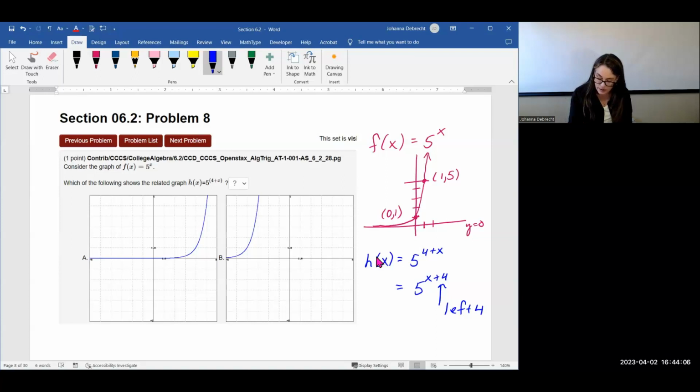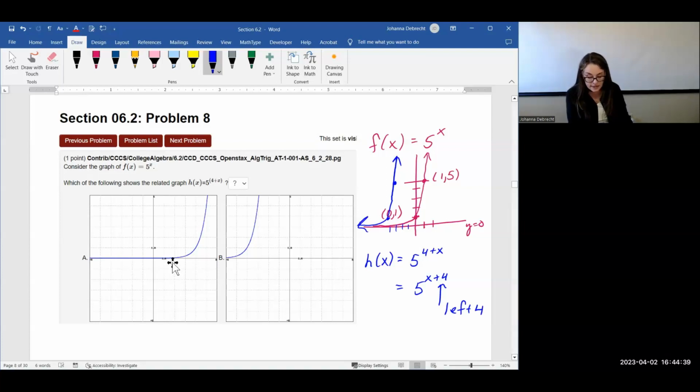So the point (1, 5), moved left 4, goes to (-3, 5), and the point that was at (0, 1) goes to (-4, 1). It's still approaching the axis, it's just been shifted. I'm looking for something like that.